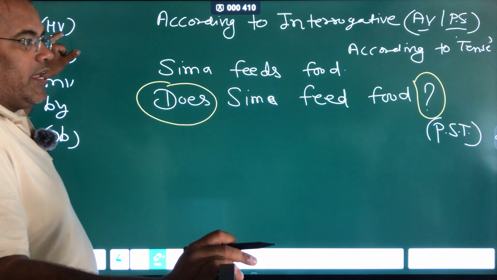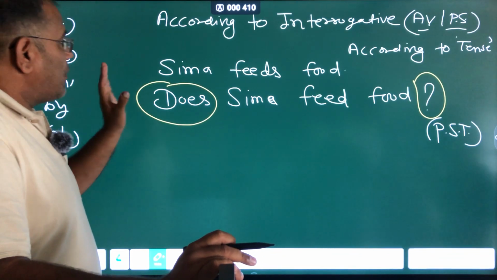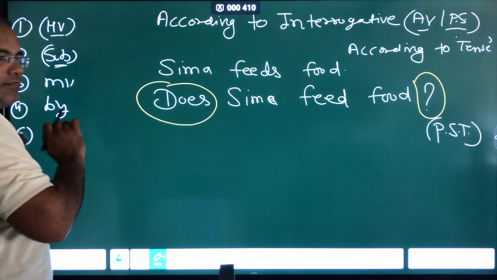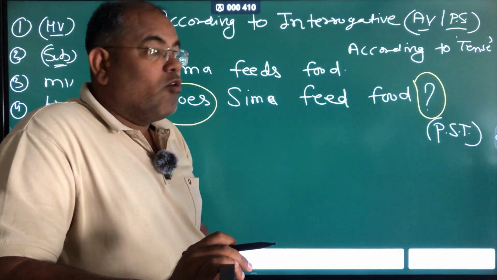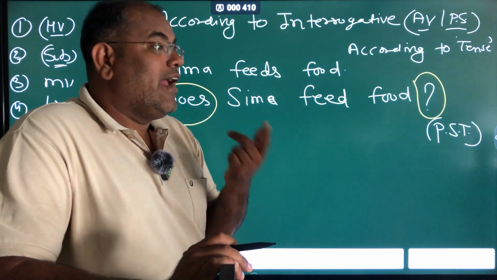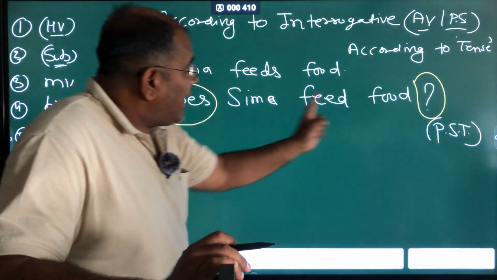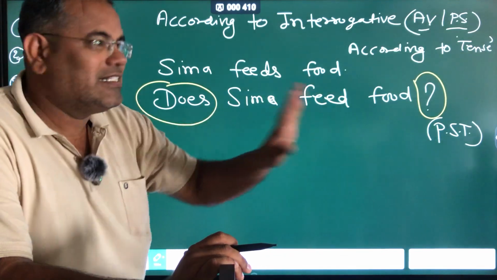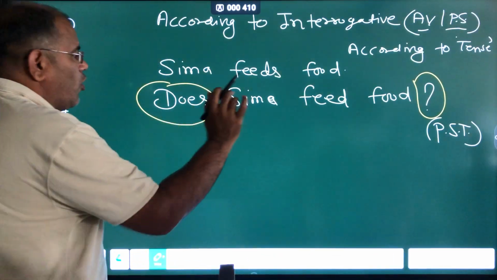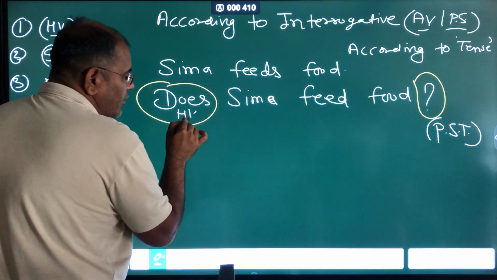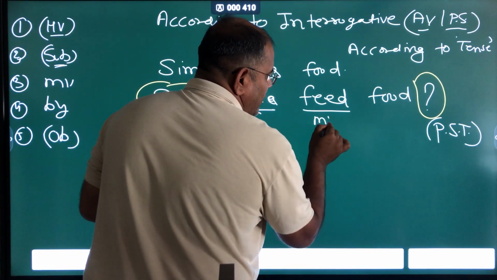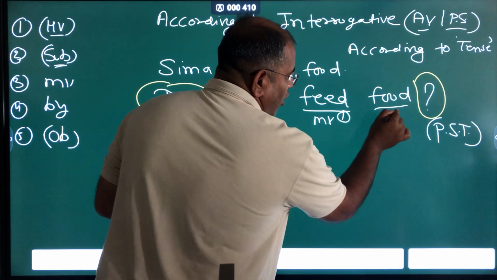So guys, according to rules, we have to use HV, but at the first we have to use subject. What is the subject of the PV? It means the object of the AV will be the subject of the PV. Is that clear? So first of all, I will decode here. This is the HV, this is the subject, this is MV's first form, and this is object.